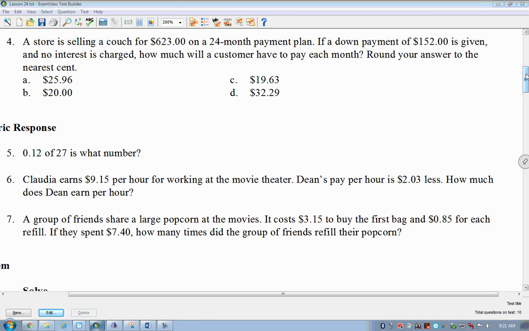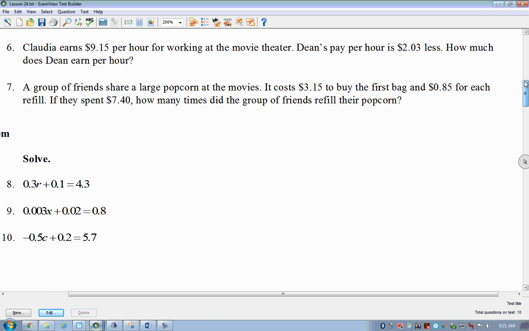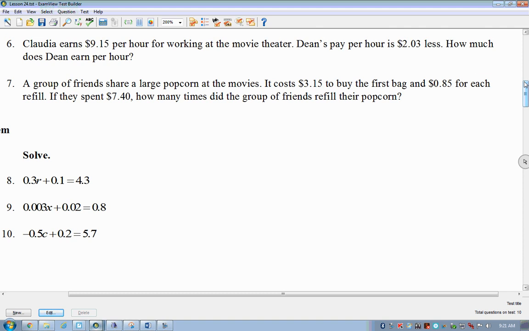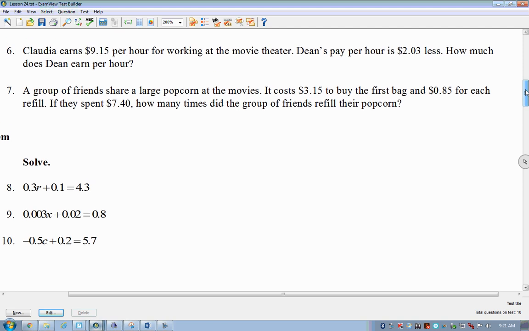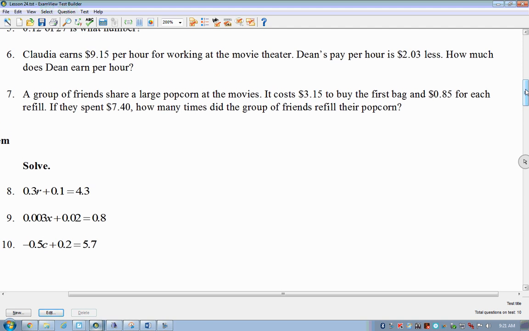Let's see. Do we want to work out one more? Which one do we want to work out? We got 6, 7, definitely 6. Well, we think we could do 8, 9, and 10, no problem. Is that right? So really take a close look.